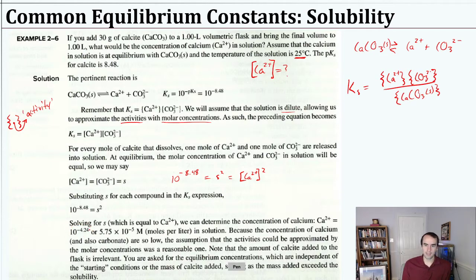Or you could write that out. I mean, you could leave it like that maybe, but I guess a nicer way to write it out would be to do that exponent and just write it out in scientific notation instead. So then you have 5.75 times 10 to the minus 5th moles per liter. And it goes on to add a little extra context there.